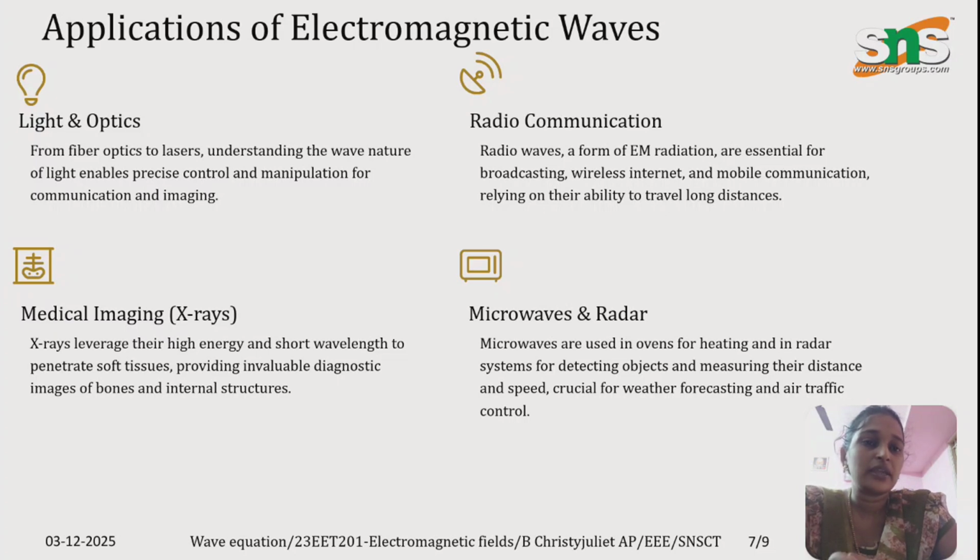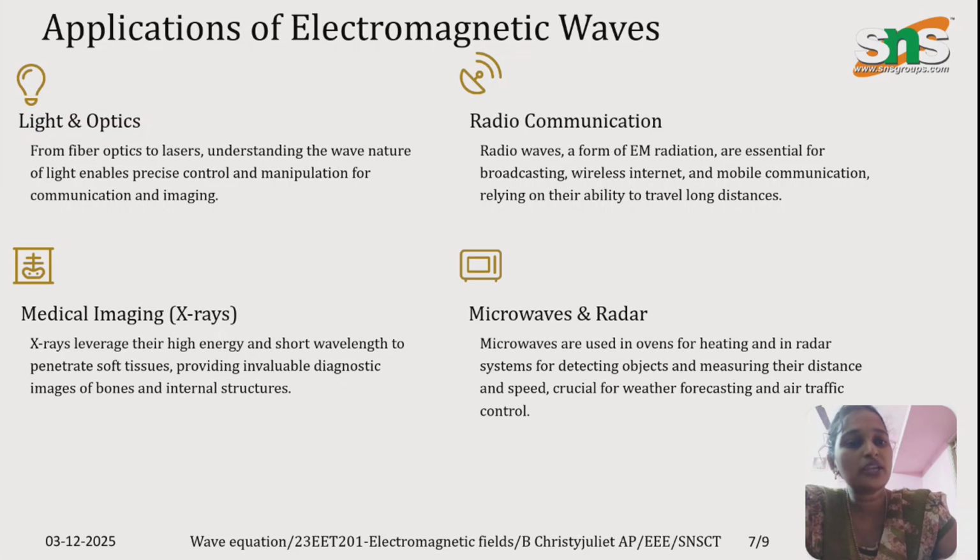We have electromagnetic wave applications in light and optics, radio communication, medical imaging like X-rays, and then microwaves and radars. For light and optics, from fiber optics to lasers, the wave nature of light enables us to achieve precise control and manipulation for communication and imaging, because fiber optic communication is completely an electromagnetic wave application.